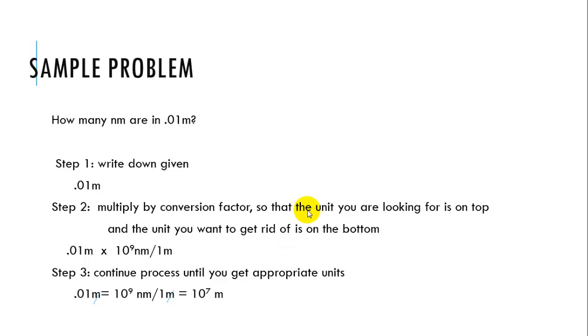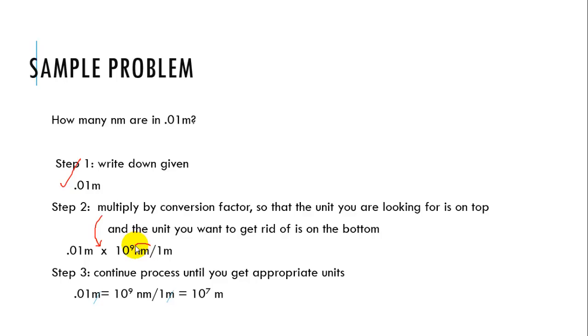Okay, so let's start off by doing a simple problem. How many nanometers are in 0.01 meters? In factor label, the first step is to write down what you're given. In this case, you're given 0.01 meters. In step 2, you're going to multiply by the conversion factor so that the unit you are looking for is on top.